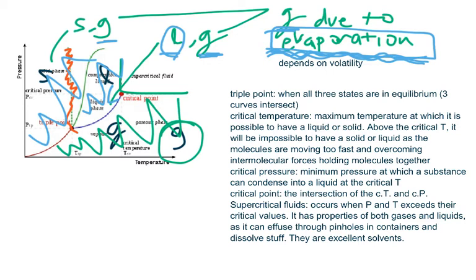But the most important thing to remember is that in each of these regions, the dominating phase is going to be the solid phase here, the liquid phase here, and the gaseous phase here. And the solid and liquid phase might be contaminated with a little gas due to evaporation.